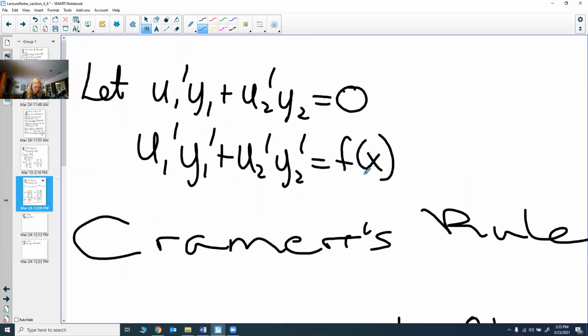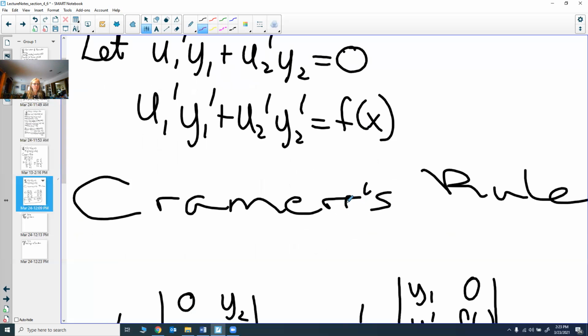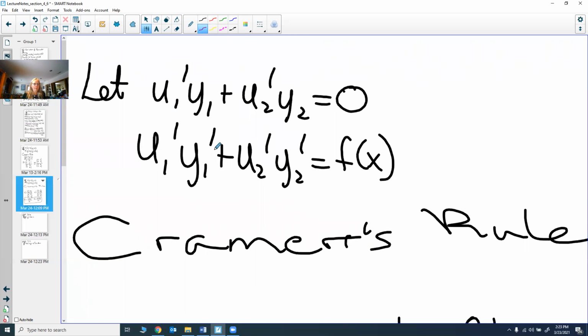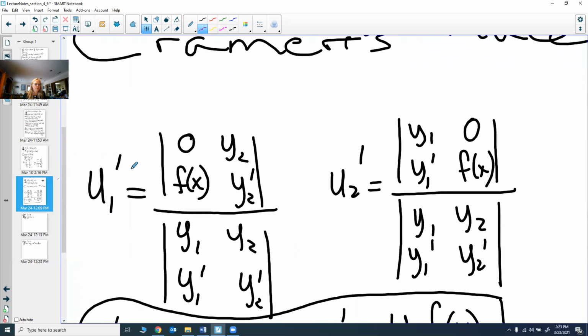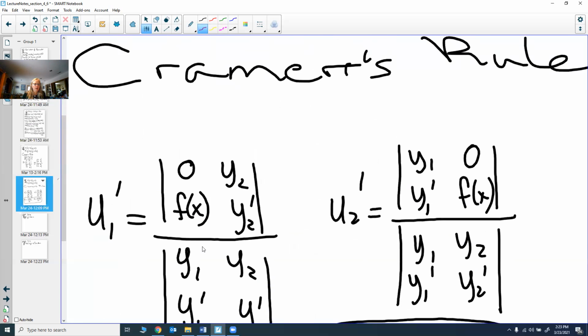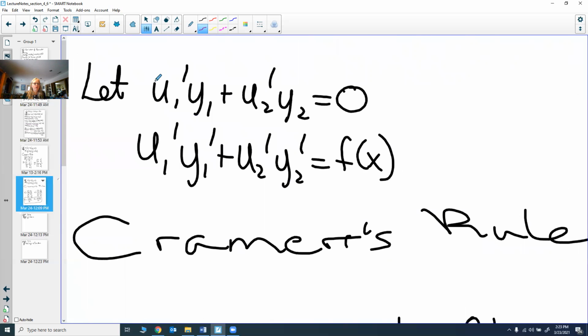From this, we now have two equations and two unknowns to solve, so we can now use Cramer's rule. Notice we have u1' and u2' as my variables, you can think of it.